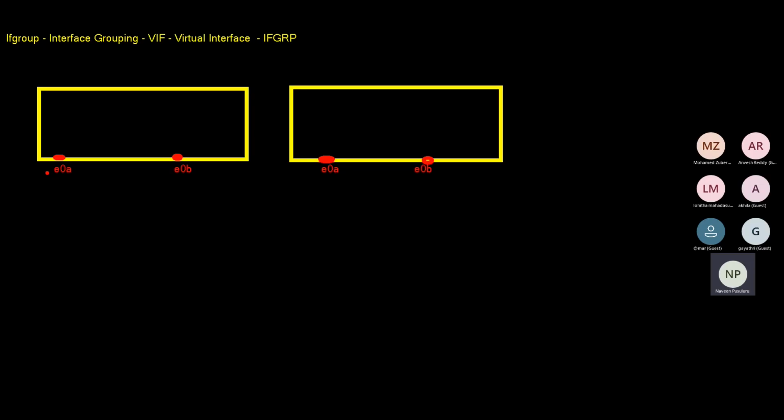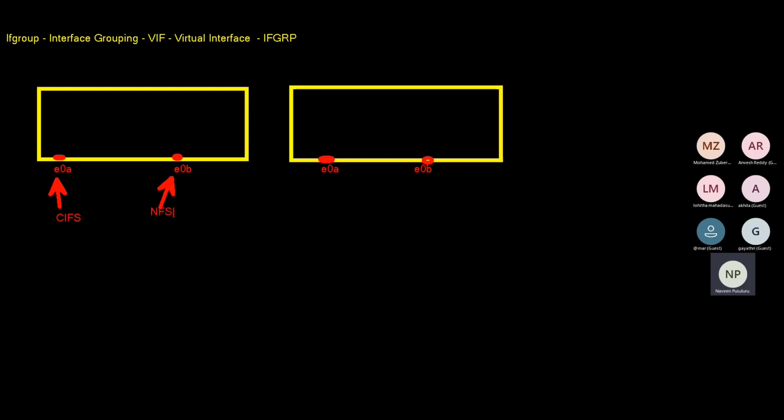Now I can use these interfaces separately. For example, normally I can create a LIF on top of this interface for CIFS, and I can create a LIF on top of this interface for NFS.